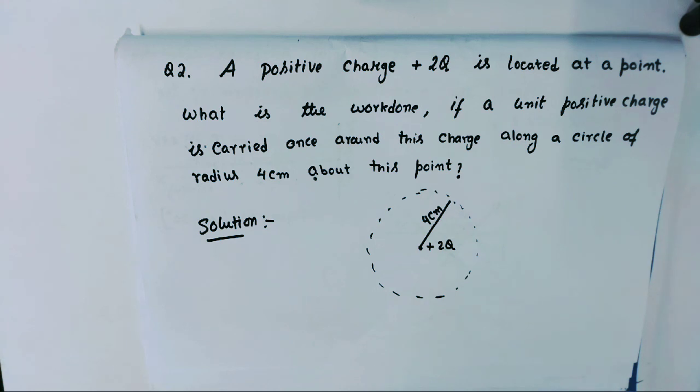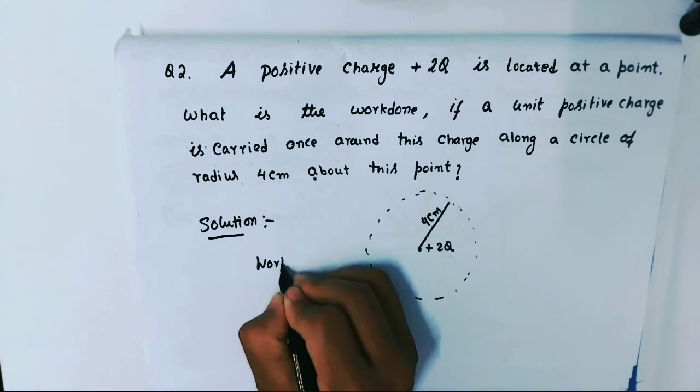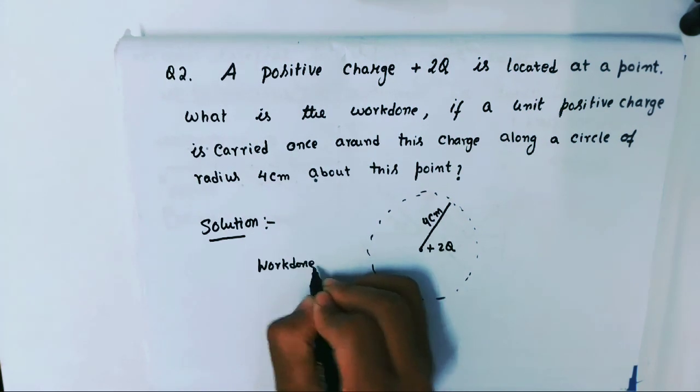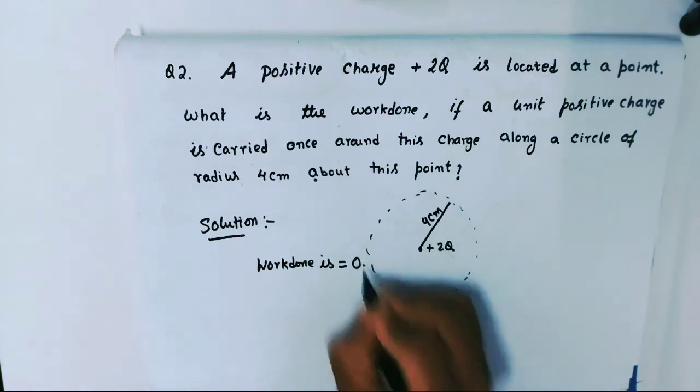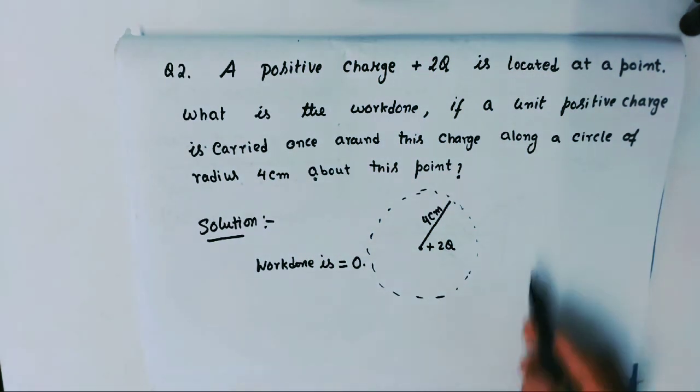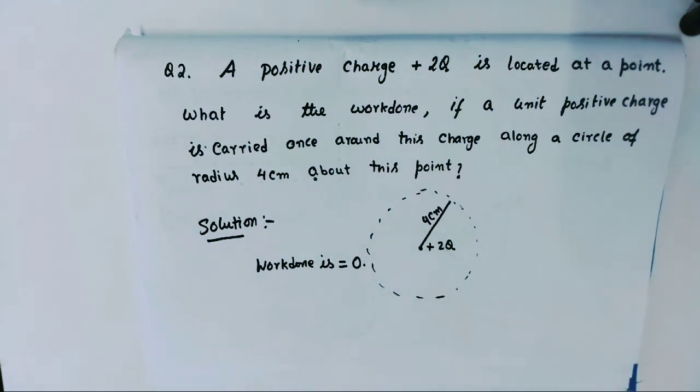So hence, the work done in moving a unit positive charge along a circle is equal to 0. So work done is equal to 0. That is the work done in moving a unit positive charge around this circle.